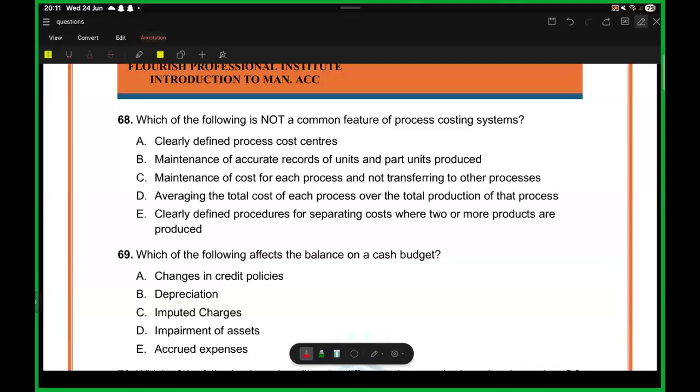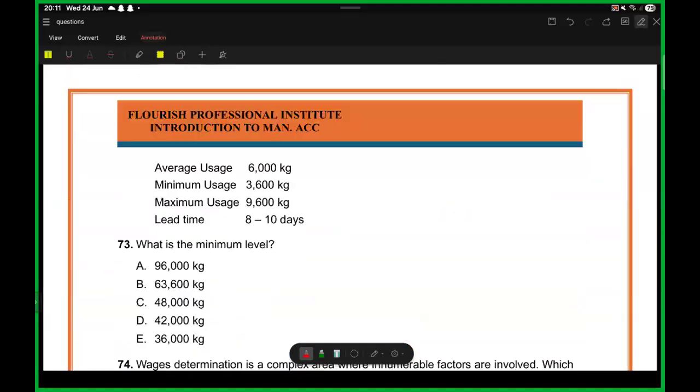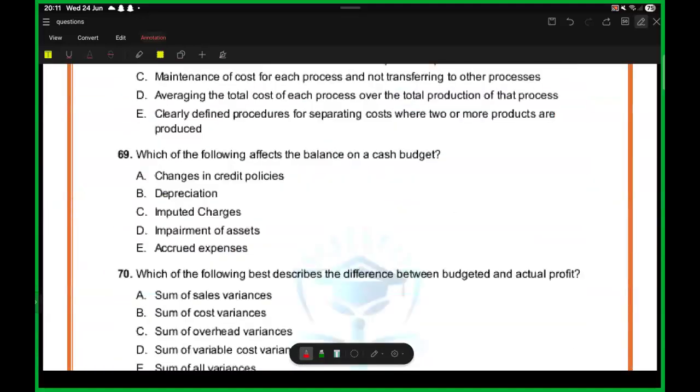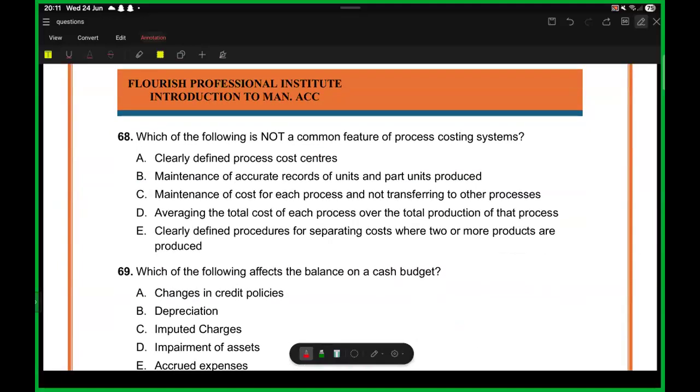All right, 68. I think the preceding ones are just normal analysis questions. 68: Which of the following is not a common feature of process costing systems? A. Clearly defined process cost centers.